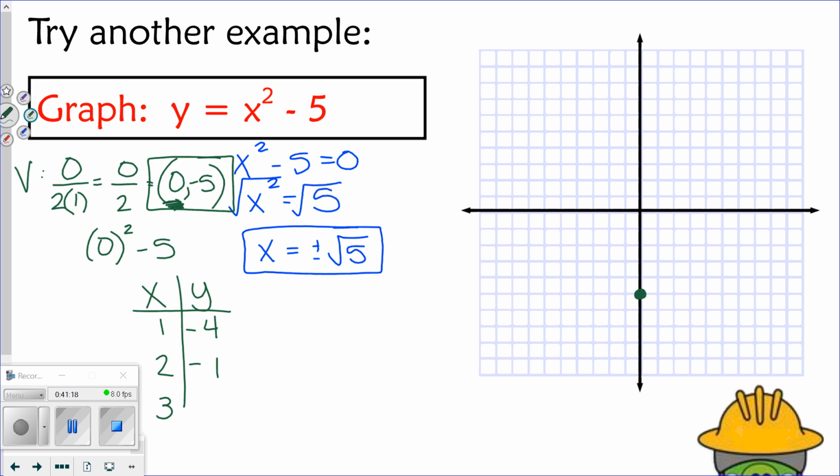If you plug in a 3, what do you get? 4. All right, let's plot those. So 1, negative 4, and reflect. 2, negative 1, and reflect. And then 3, 4, and reflect that one. My marker turned black halfway through there.